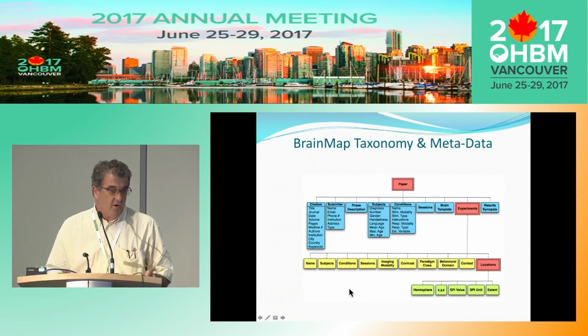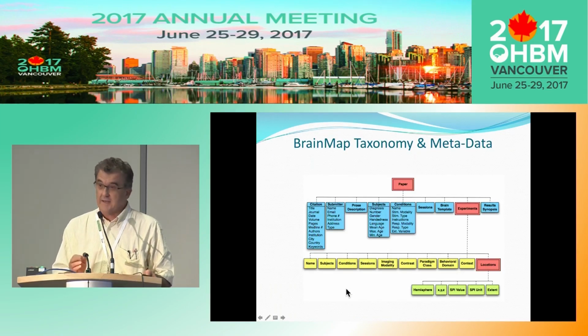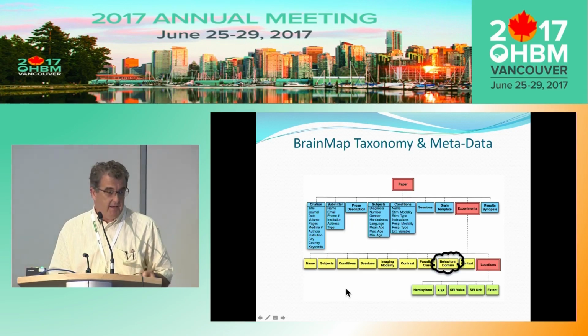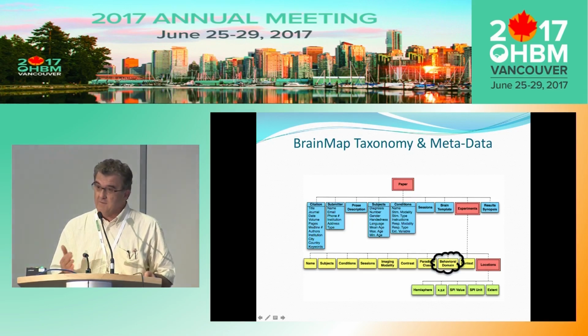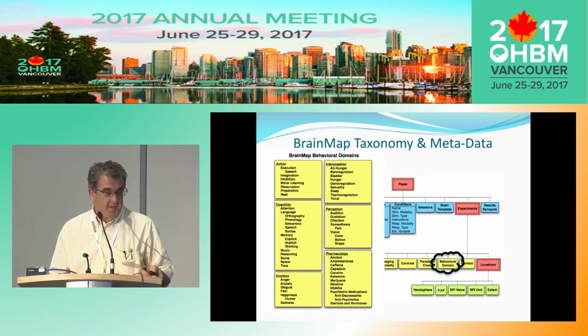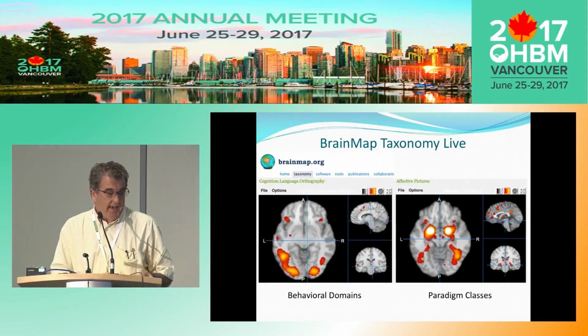When I say it's hand-coded, it has a lot of metadata associated with it that is put in by hand with a variety of different metadata fields. Behavioral domain is one, so it's sort of an overview taxonomy of which cognitive operations are recruited. And online, there are live meta-analyses that get updated as we grow the database, both for the behavioral domain.